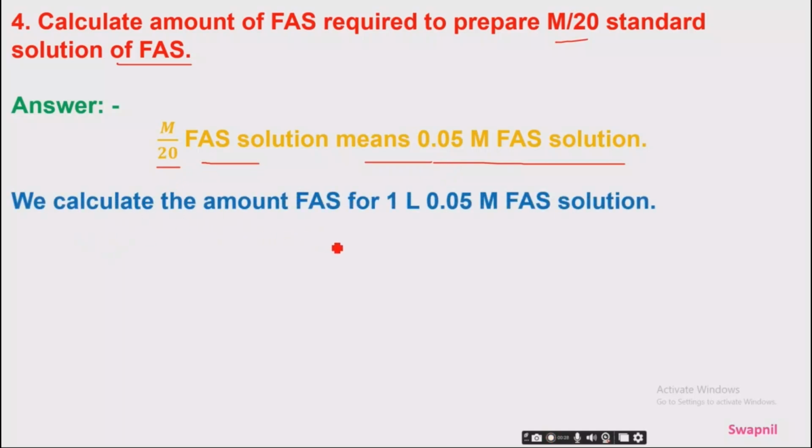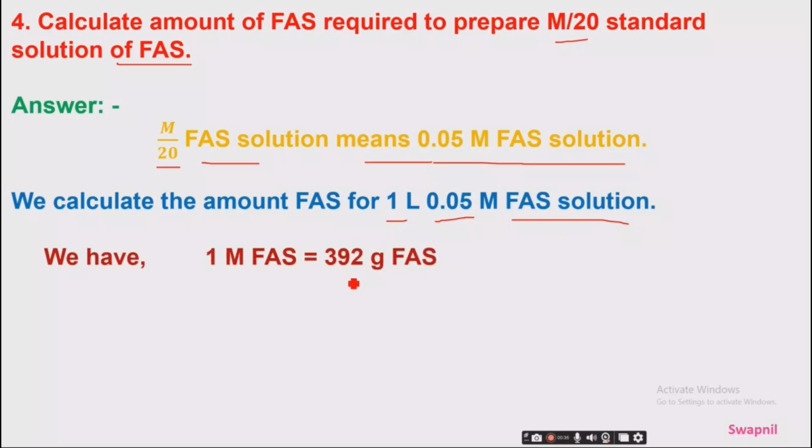So we calculate the amount of ferrous ammonium sulfate for 1 liter of 0.05 molar FAS solution. We know that the molar mass of ferrous ammonium sulfate is 392 gram. So for 1 molar ferrous ammonium sulfate we require 392 gram of ferrous ammonium sulfate.